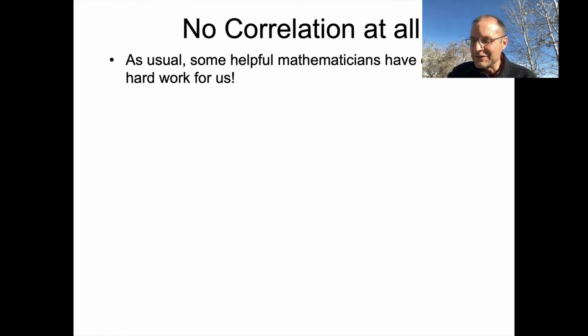And I'm going to preface this little walkthrough by saying that, as usual, some helpful mathematicians have done the hard work for us. For pretty much everything else we're going to cover in this class, there's going to be a lot of math in the background that we're never really going to talk about explicitly, because smarter people than us have figured it out, and we can just use the fruits of their labors.